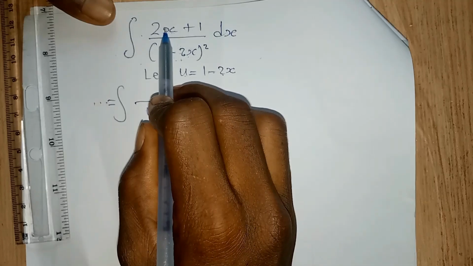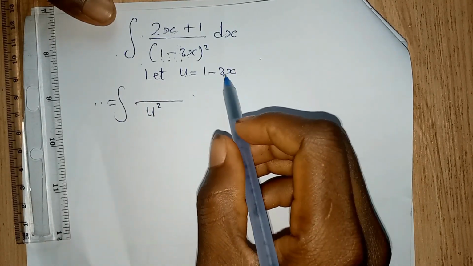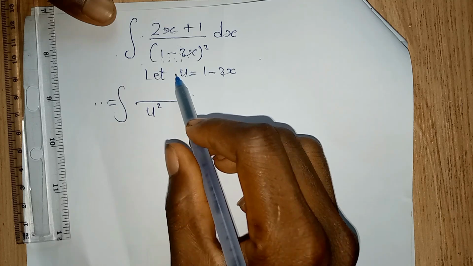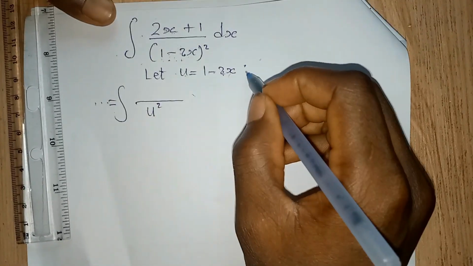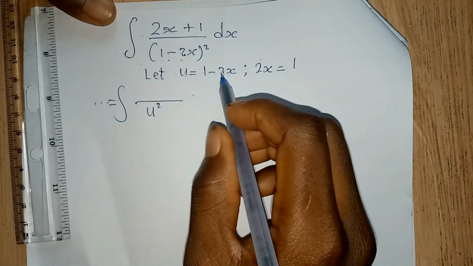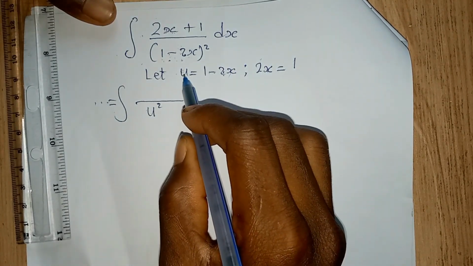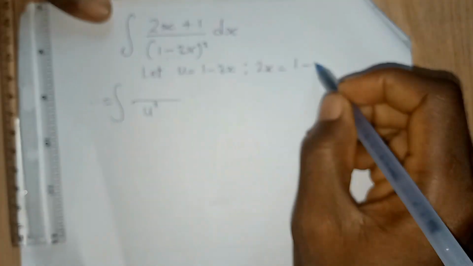To get this in terms of u, let's make 2x the subject of the formula here. So bring 2x to this side of the equation and move u to this side. So we have that 2x is equal to 1 - u. Negative 2x crosses to the other side, it becomes positive 2x. Positive u crosses to the other side, it becomes negative u.